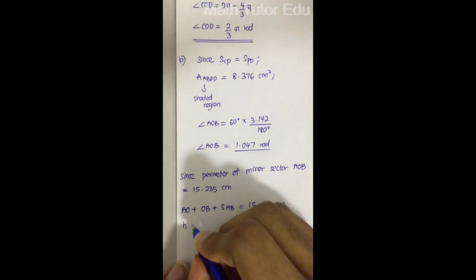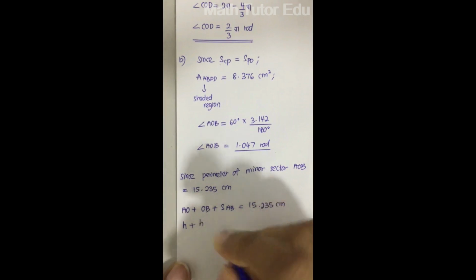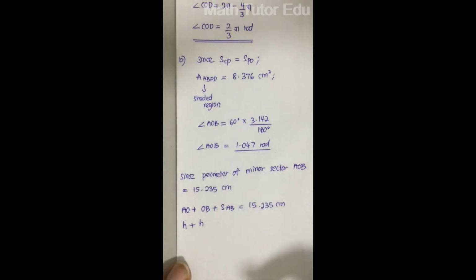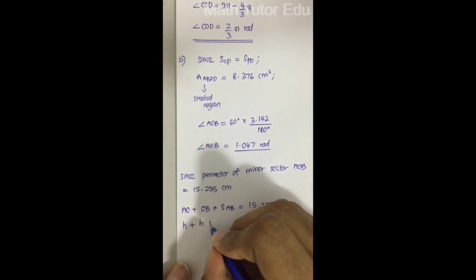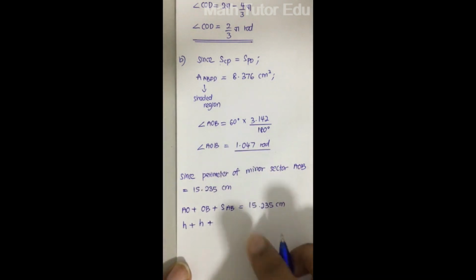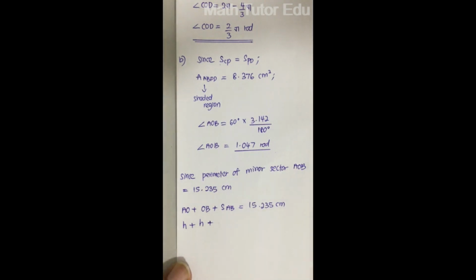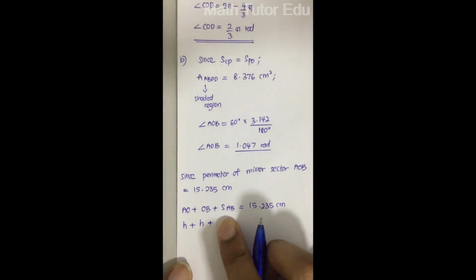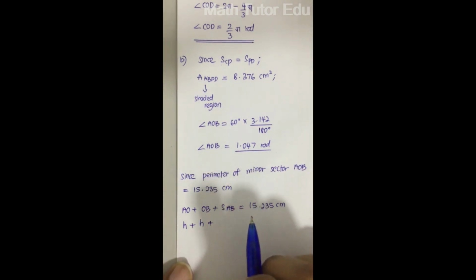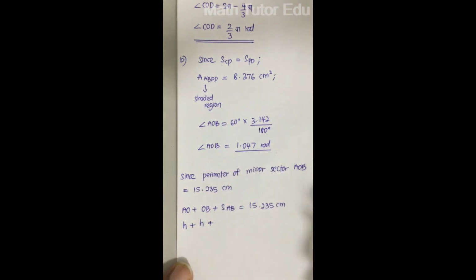So h plus h, since AO and OB are the same, they're just the radius, and then plus the length of the arc AB. The length of the arc is r theta, guys. Remember, the length of arc formula is S equals r theta. The angle in this case is 1.047, and you times it with the radius h, so that's how you get the r theta here. We try to express our left-hand side in terms of h.